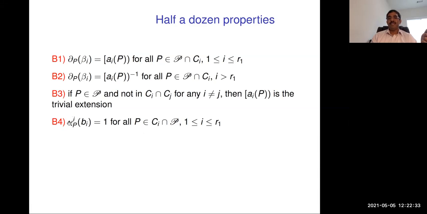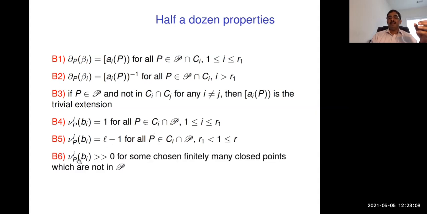The valuation of all these Bi should be 1 at these finitely many closed points for the first Ci's, 1 ≤ i ≤ R1. For the remaining i's, it should be L minus 1. When I'm looking at Lth power classes, the valuation of this should be like -1 if you look at mod L. But I want it to be regular, so I don't want to take the valuation to be -1. I want a regular element, so that's why I put L minus 1.